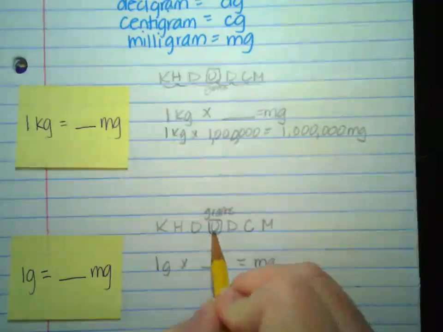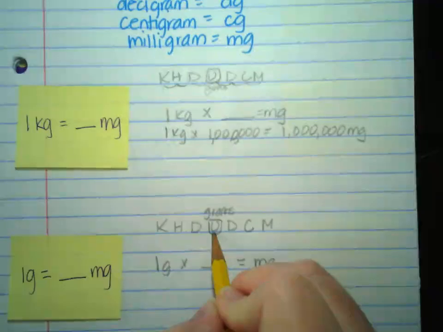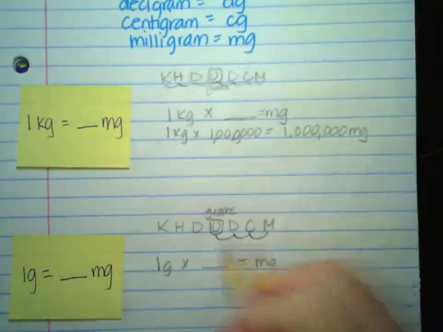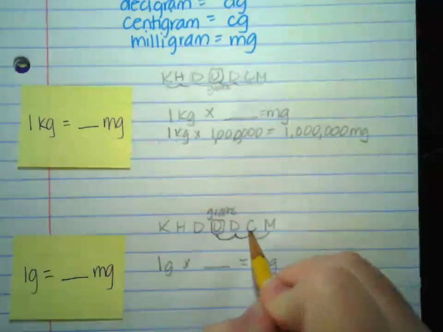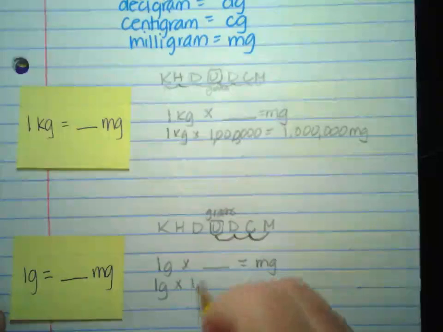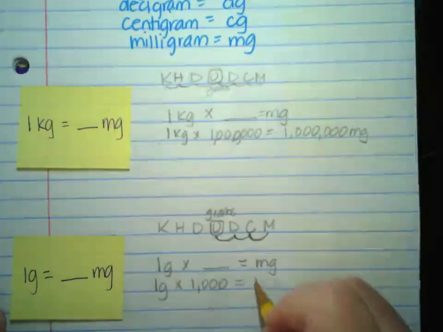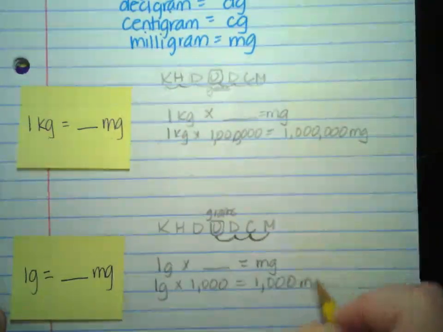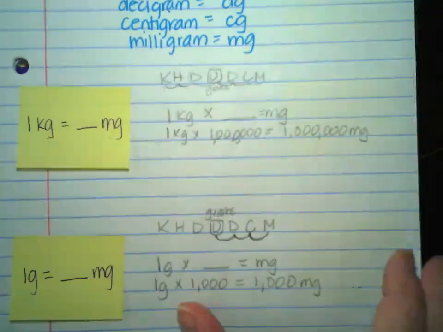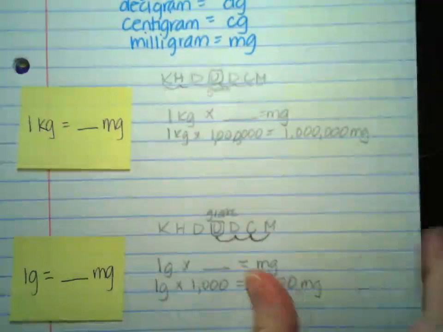So I'm starting here this time at my grams, all right? So I'm going to have to move 1, 2, 3. That's times 10 times 100 times 1,000. So 1 gram times 1,000 equals 1,000 milligrams, okay? So I wanted to do two that were pretty easy with you first, and then we will move into some that are a little bit more challenging, but not too bad.